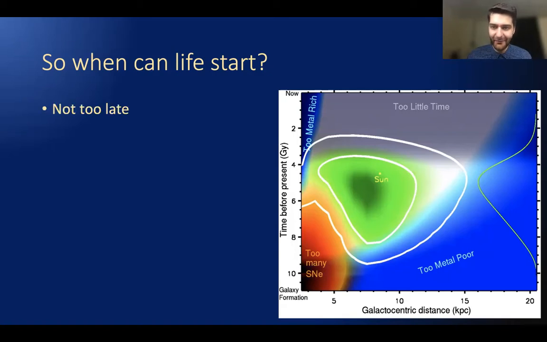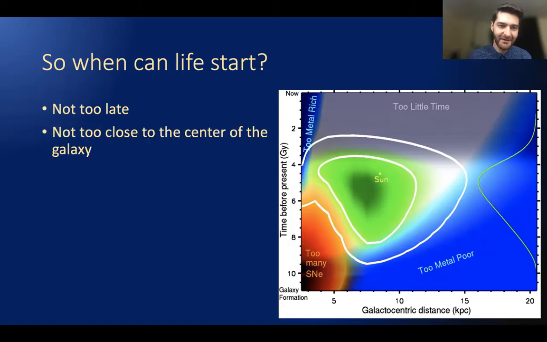So we don't want to look at the planets where the life could only form very recently. We don't want to look too close to the center of the galaxy because, as I said, too close, this is the left part of the figure here. That's where you have too much heavy element abundance.